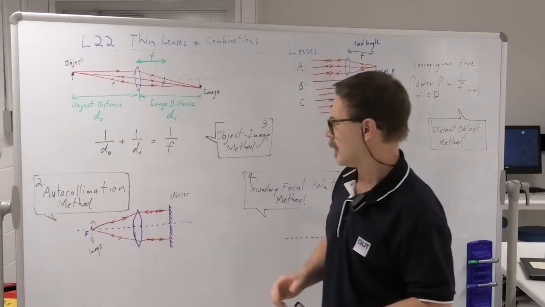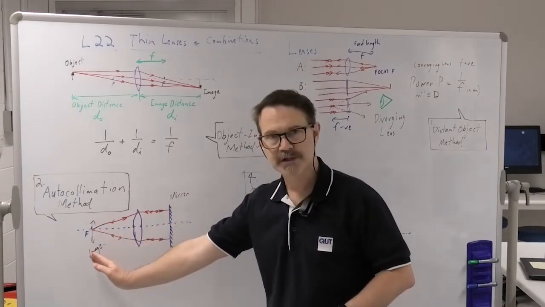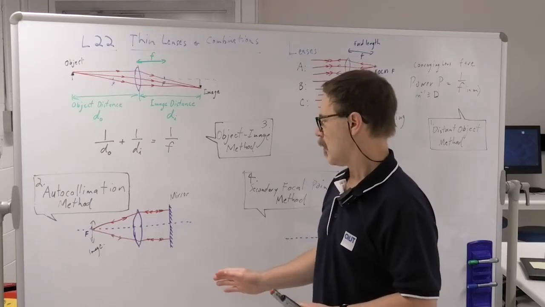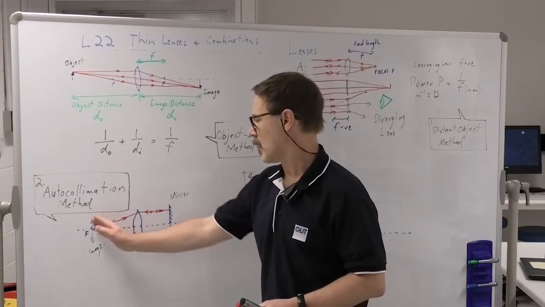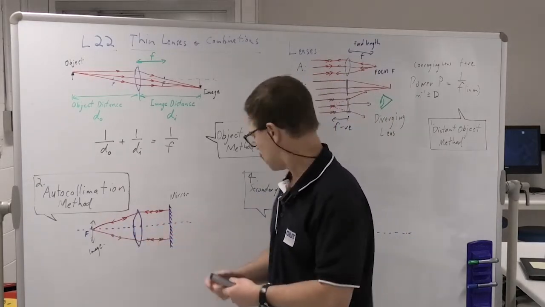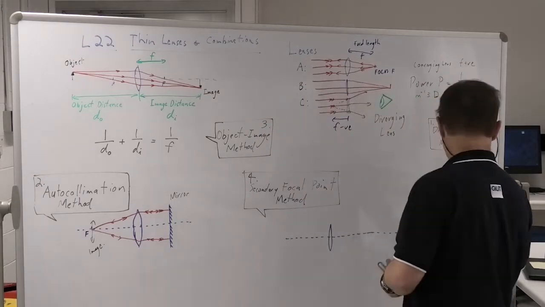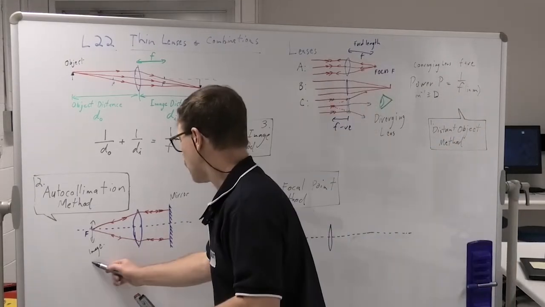So once we've got that sharp image formed there, then we'll know that this is right on the focal length, and we can measure again our focal length from here.